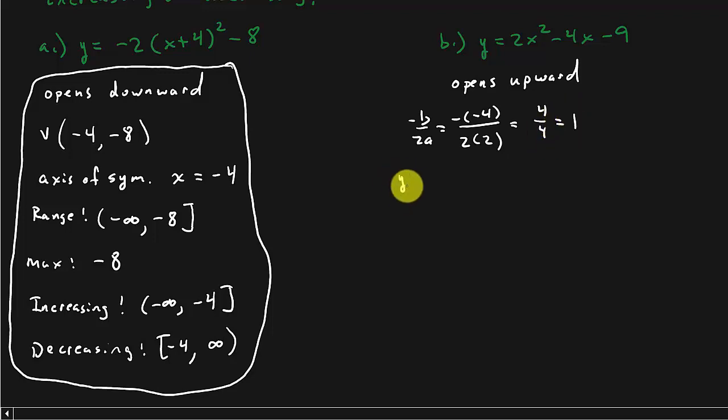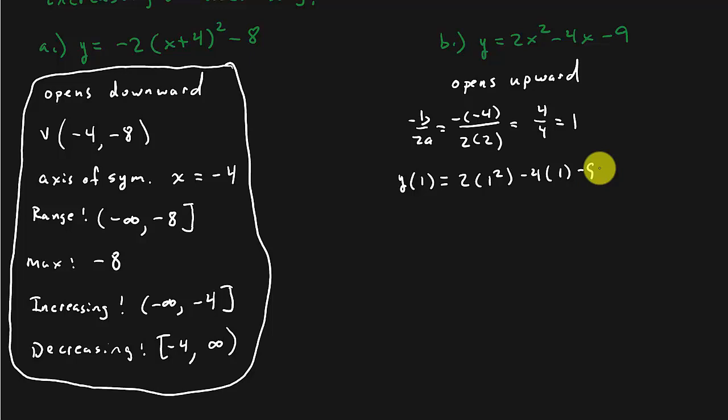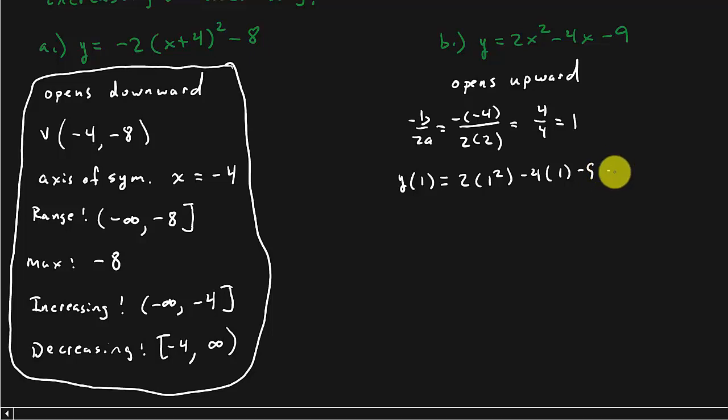And so now we've got y of 1 is equal to 2 times 1 squared minus 4 times 1 minus 9. And so that is going to be, let's see, 2 minus 4 minus 9, which is negative 11.